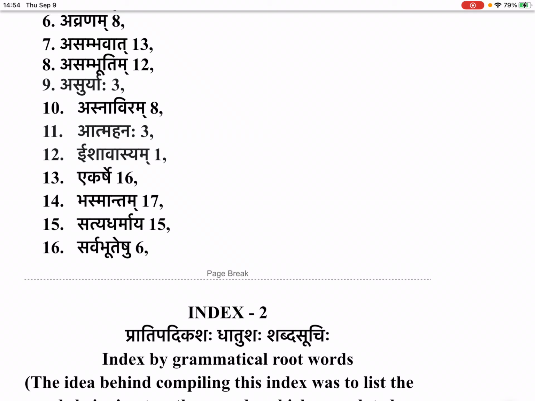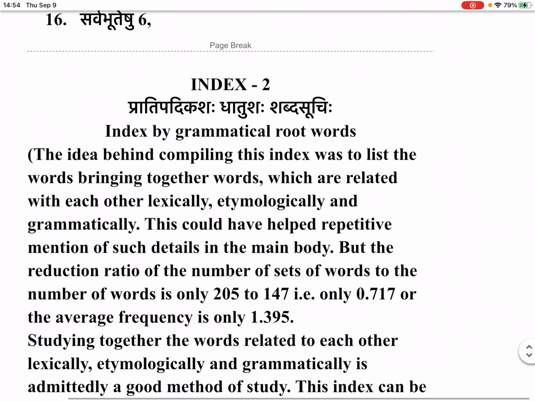Now index 2: Pratipadikashaha dhatushaha shabdasuchihi, index by grammatical root words. The idea behind compiling this index was to list the words bringing together words which are related with each other lexically, etymologically and grammatically.